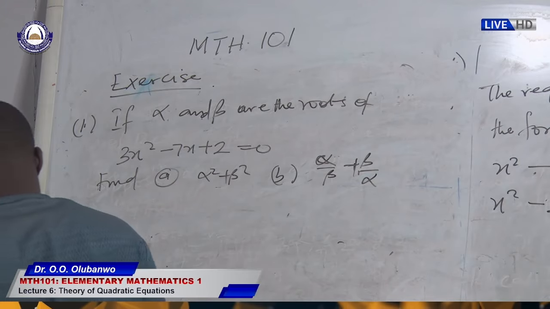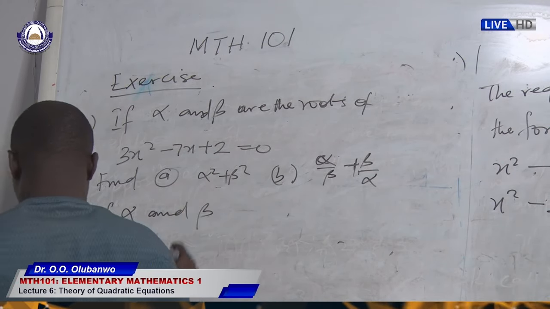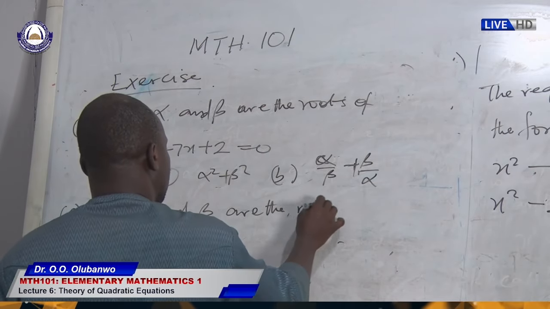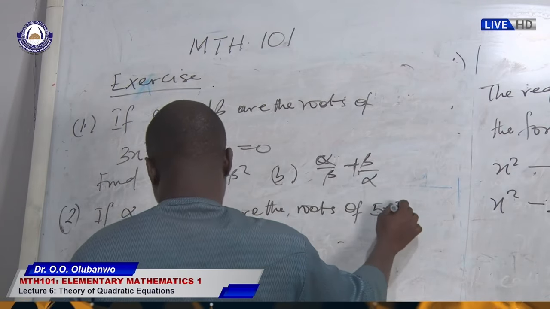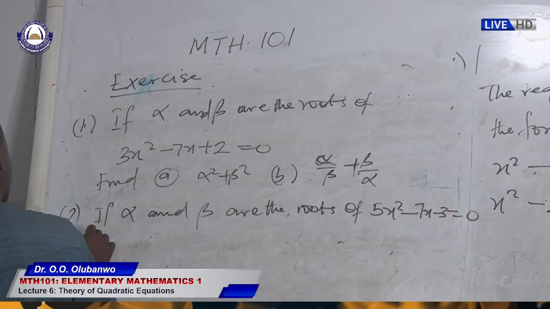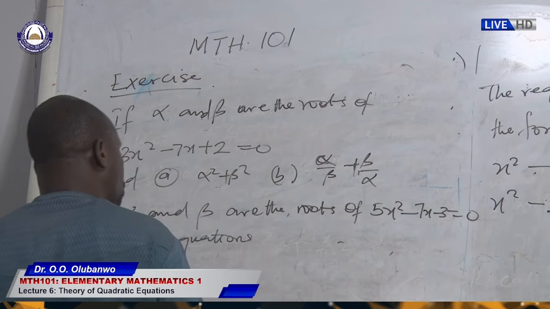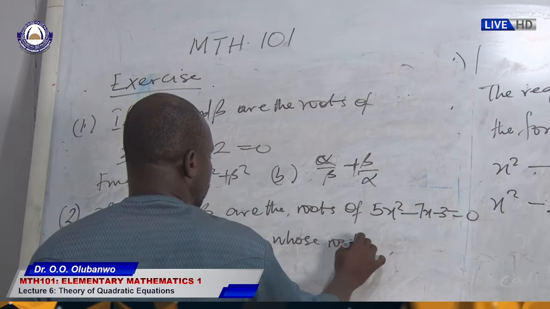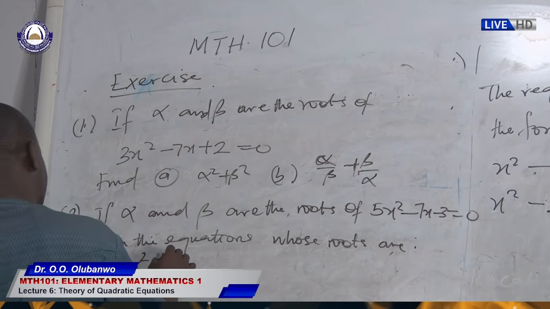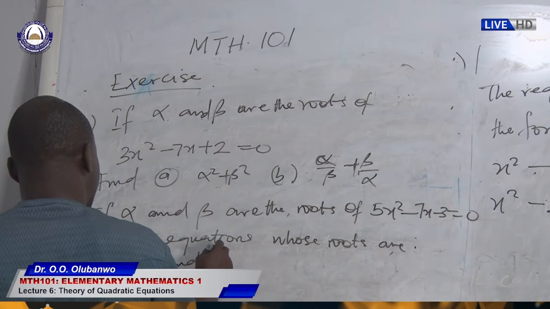Question 2. If alpha and beta are the roots of 5x squared minus 7x minus 3 equals 0, form the equations whose roots are A, alpha squared over beta, and beta squared over alpha.